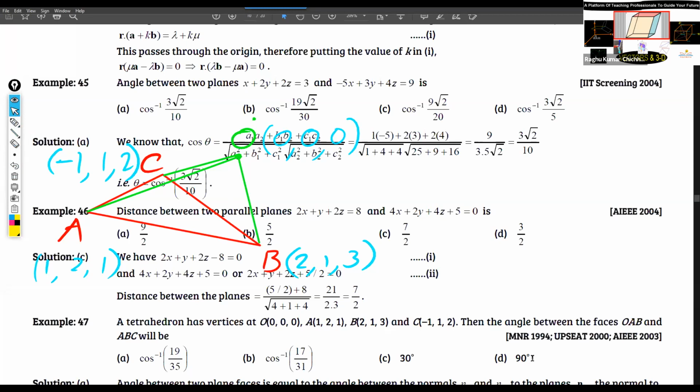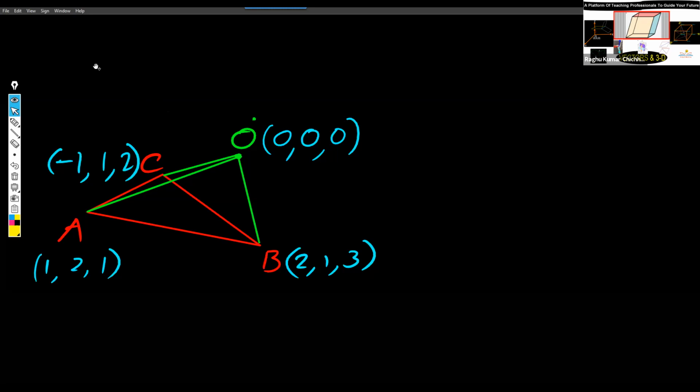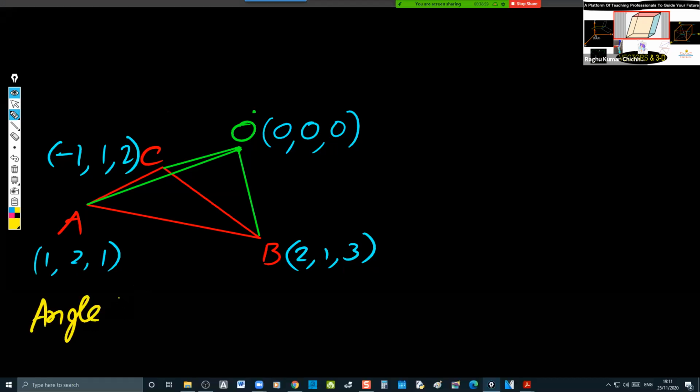So let us understand: angle between planes means angle between the normals.